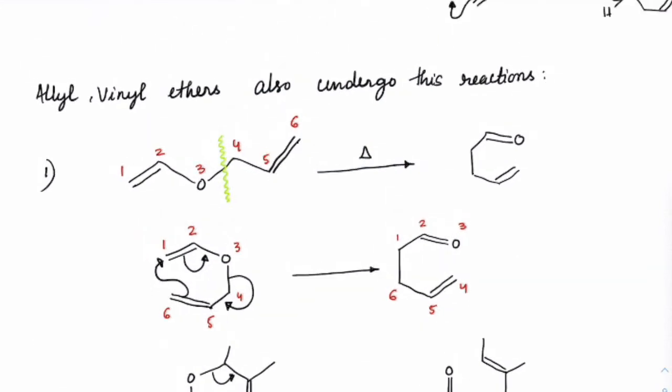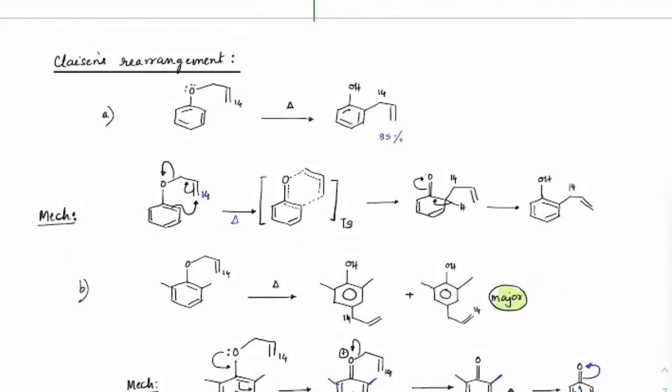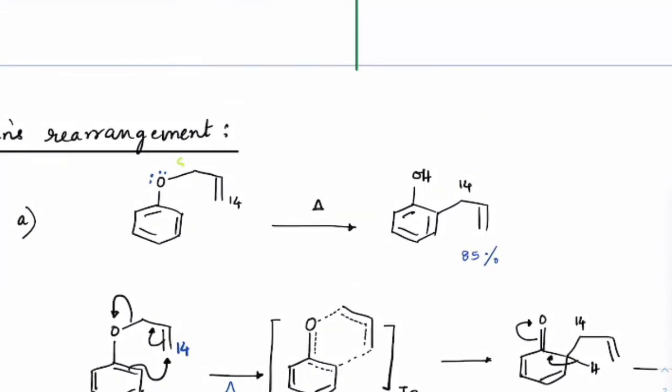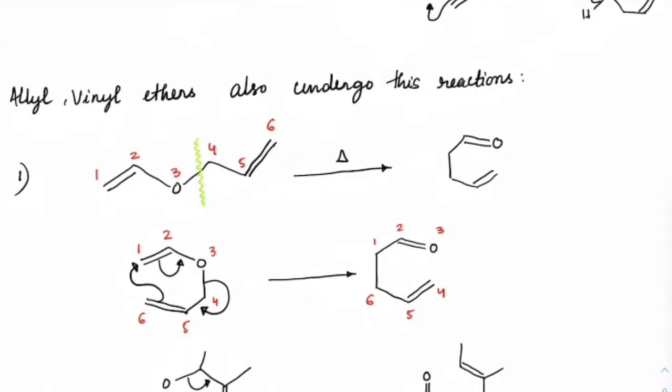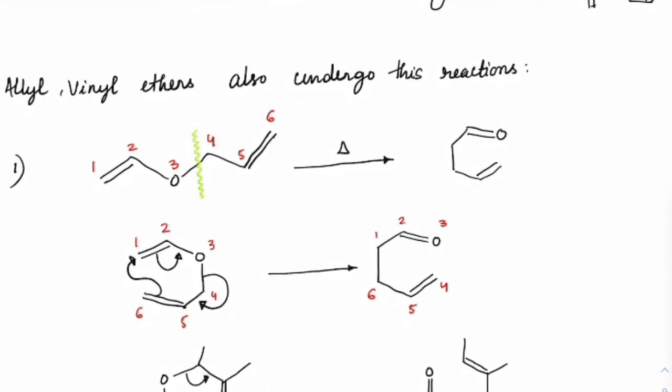So you may have seen above also, we are always breaking the bond at the allylic position. The allylic carbon-oxygen bond breaks there, and the rest rearrange in one step, and then you will see an aldehyde is formed at the second and third positions, and the 4, 5, 6, 1 positions got connected here. Got it? So that's how you will get the product.